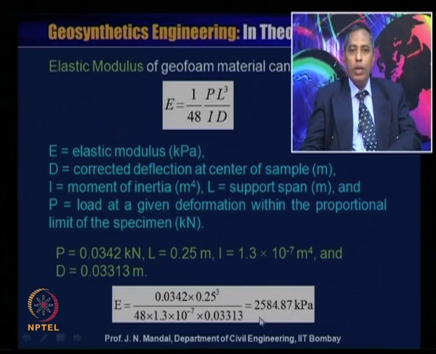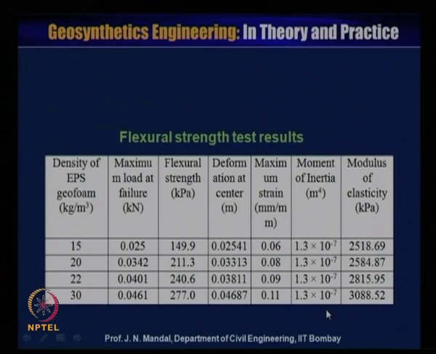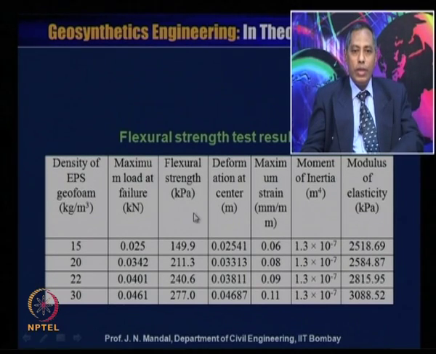So, this will give you the elastic modulus of the geofoam, which is 2584.87 kilopascal. Now, this is the flexural strength test result: the density of the EPS geofoam, maximum load at failure, flexural strength in kilopascal, deformation at the center in meter, maximum strain in millimeter per millimeter, moment of inertia in meter to the power 4, and modulus of elasticity in kilopascal.